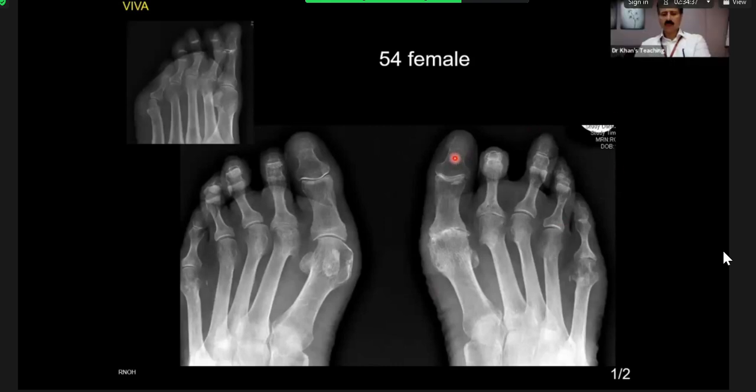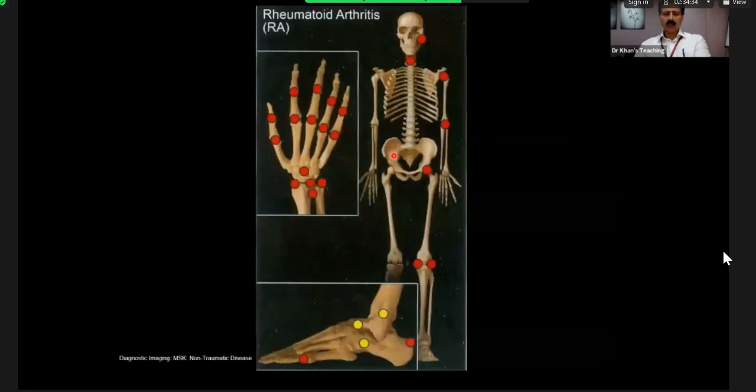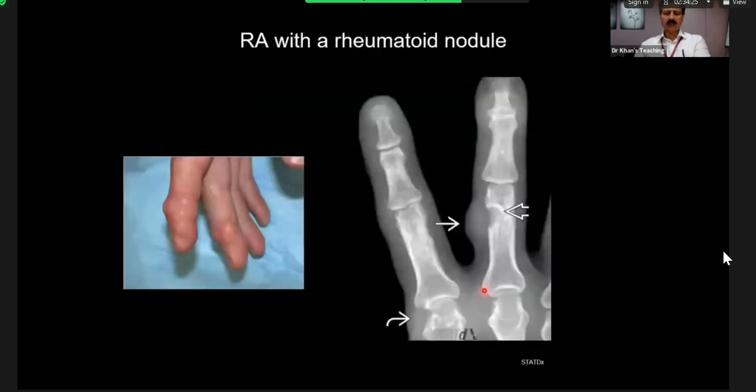So, rheumatoid arthritis we have covered, and the joints in the hands we have covered. In the feet, particularly the fifth one is important. Another film which can come in the exam is a stigmata of RA with a rheumatoid nodule. So please remember that, if you don't know it, then you will be surprised what's happening, and you might say that this is a tophi of gout, for example.